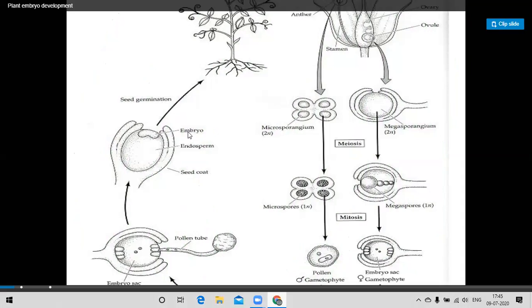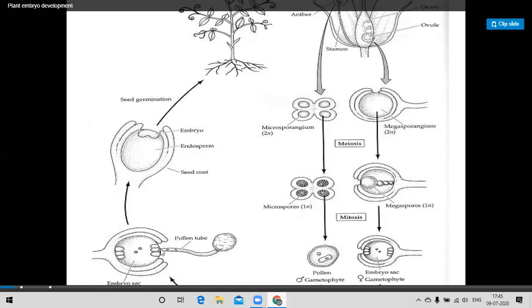In the embryo, this is the rounded structure, and the covering of this embryo is called the endosperm. Then the seed coat is the outermost layer covering the embryo. This will be developed after the process of embryo sac formation. First the embryo sac develops, and then the pollen tube forms within it.